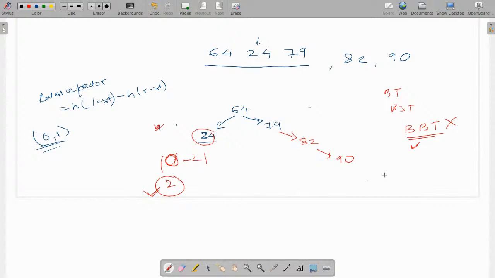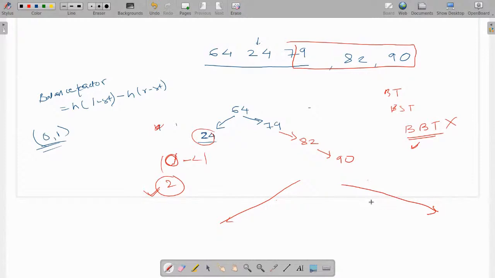What is the problem that binary search trees have? With an increasing number of elements, if we keep getting elements in either a monotonically increasing or a monotonically decreasing manner, that means all the elements are arranged in ascending order or descending order, then either only left children will get appended, so my binary search tree will look like this, or only right children will get appended, so it will look like this.